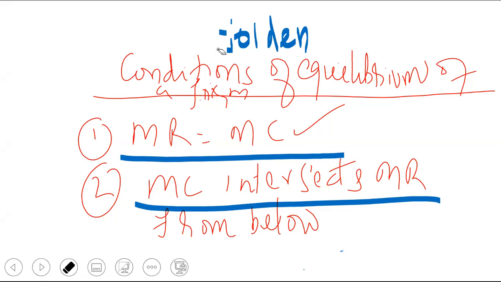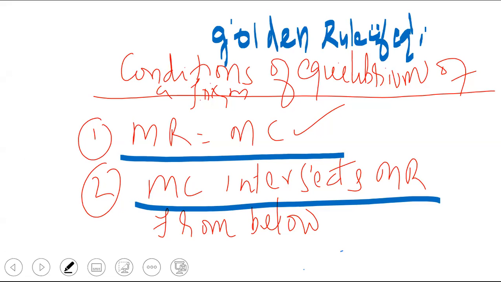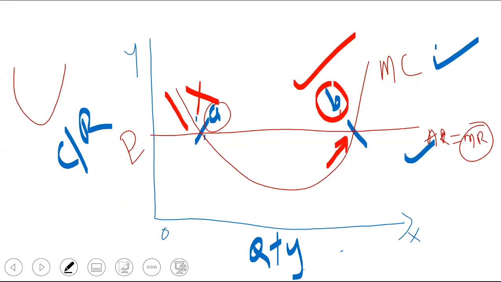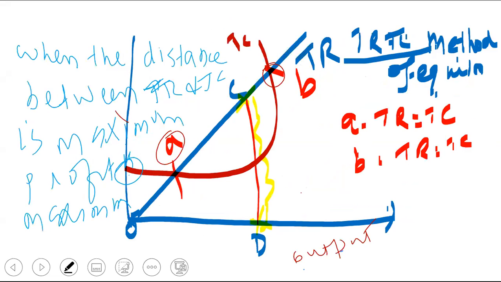Golden rules. I am rubbing it because it is not clear. Nothing else was done. Golden rules of equilibrium. Here also the same diagram is drawn. This is the TR-TC method. Okay. Put it in the chat box. Is it clear to you?